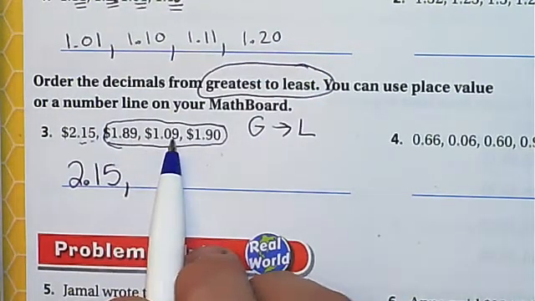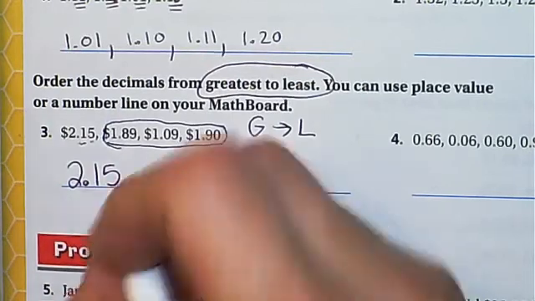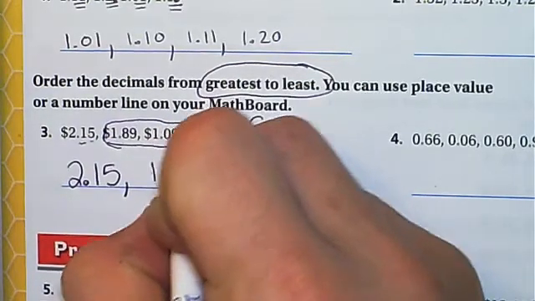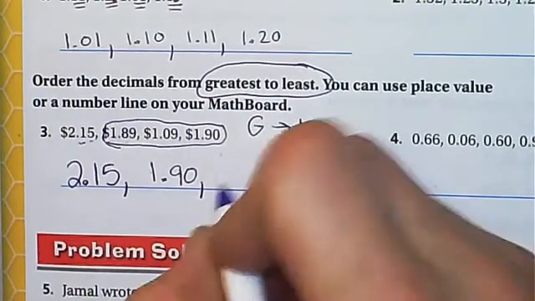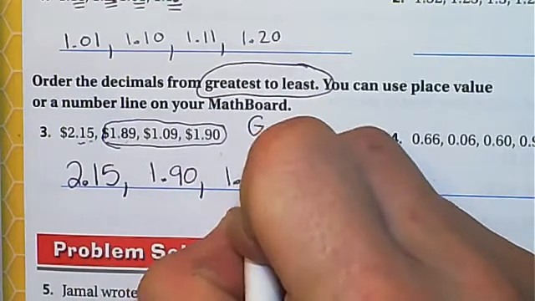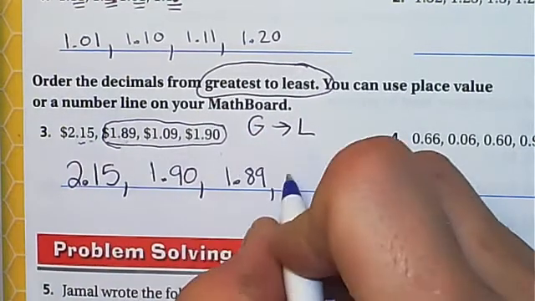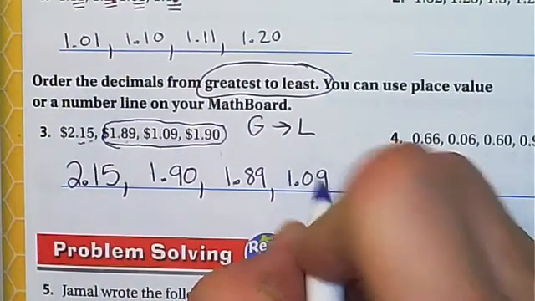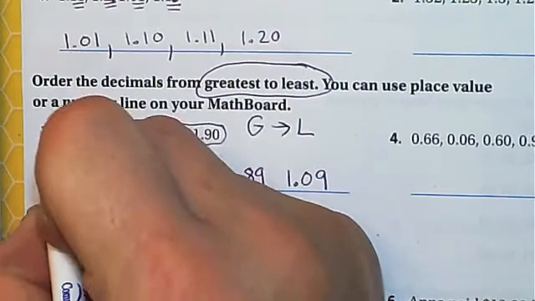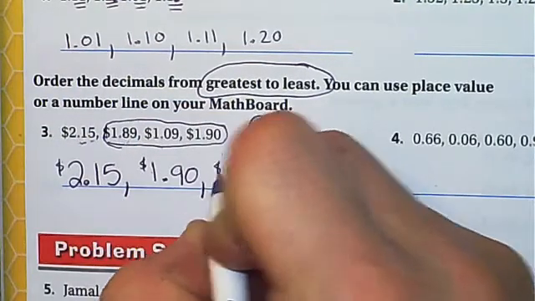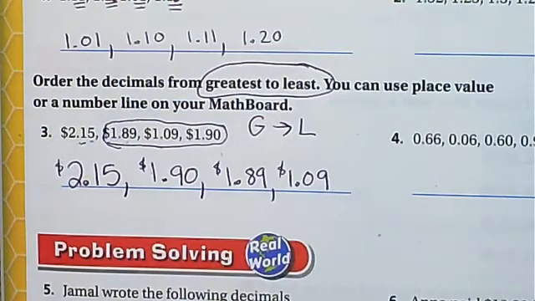So we want to start with our next biggest one, 89, 9, or 90. Well, 90 is my biggest number, so let's go with him first. Then 89. And then my smallest was 1 with 09. And so those are dollar amounts, so we'll put our little dollar symbol on there. Done. Okay, not too bad.